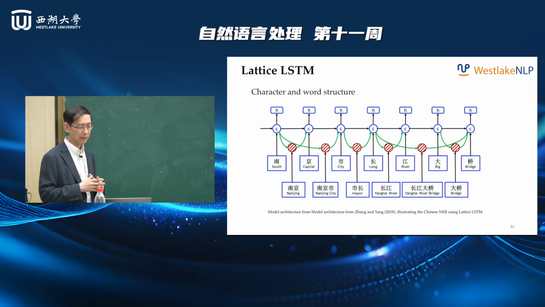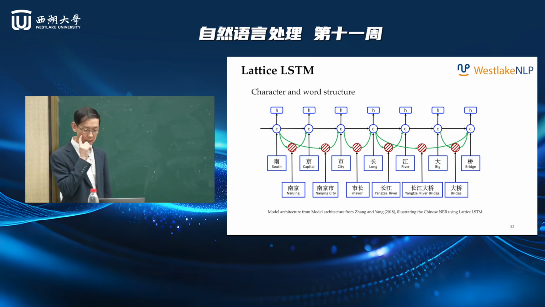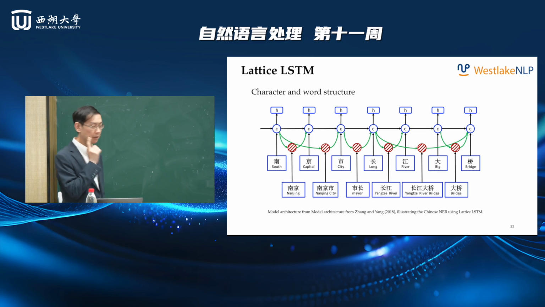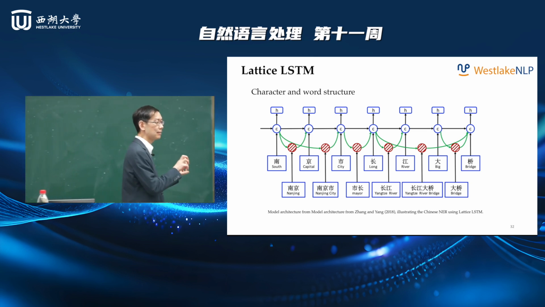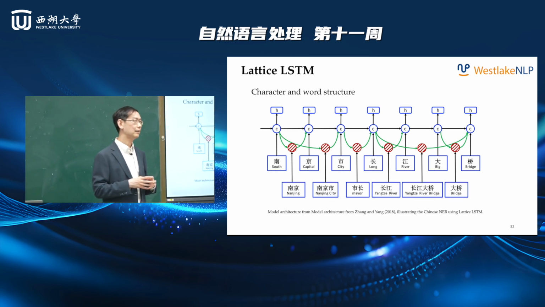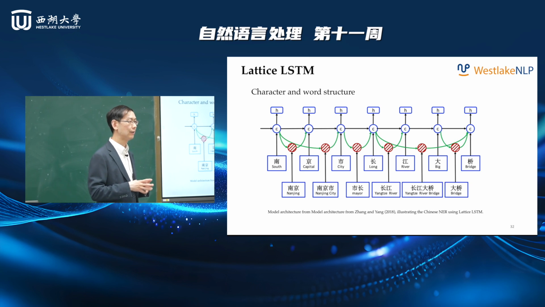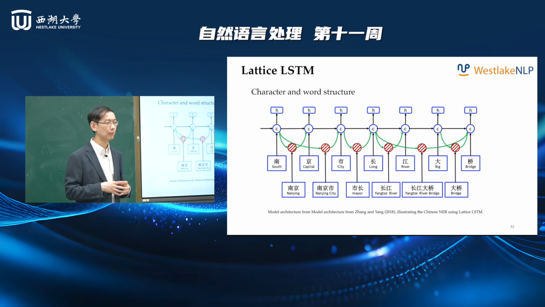So how do I use DAGs for representing things? Here, let me give you one simple example. How do you represent Chinese sentences? You know a Chinese sentence is written as a character sequence, right? And for linear models, we have to do a pipeline.